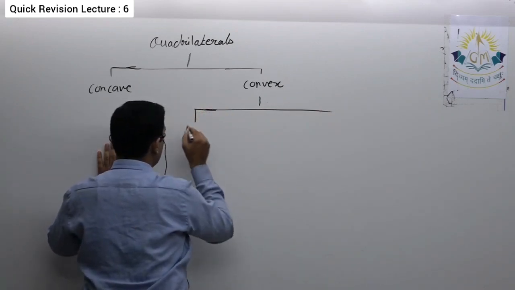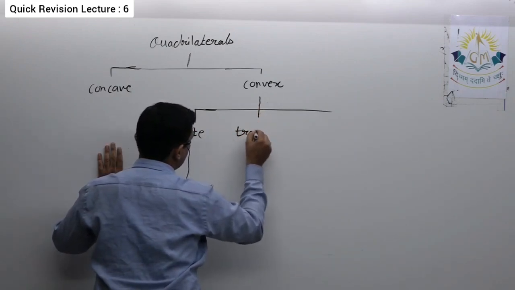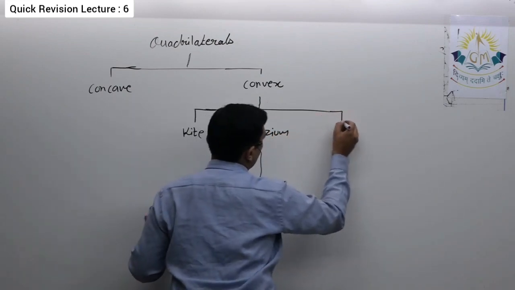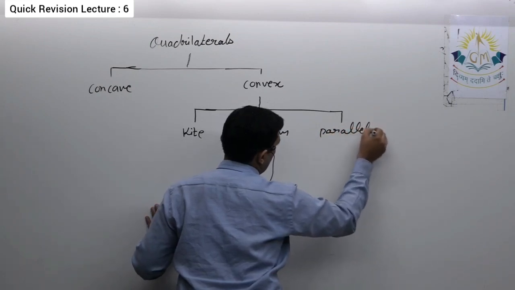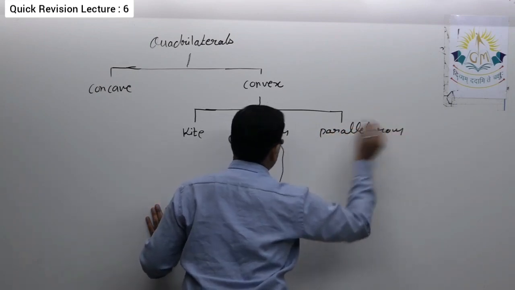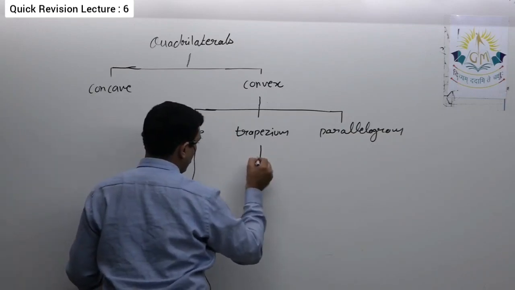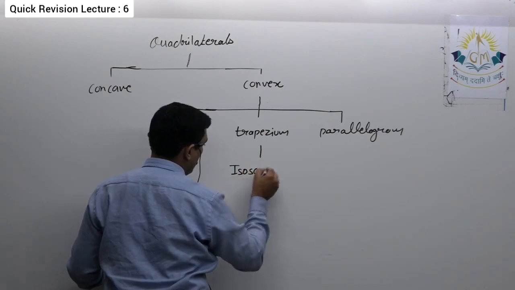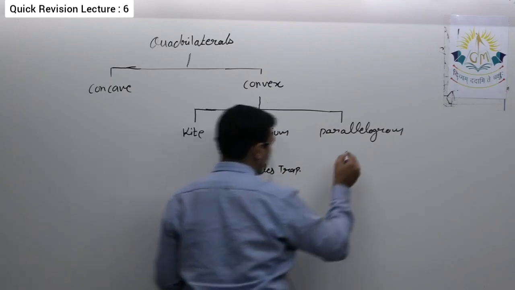Among the convex, here we have kite. Okay, then we have trapezium, and then we have parallelogram. Now among the trapezium, next we have isosceles trapezium.